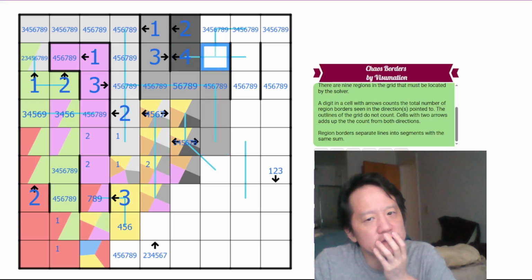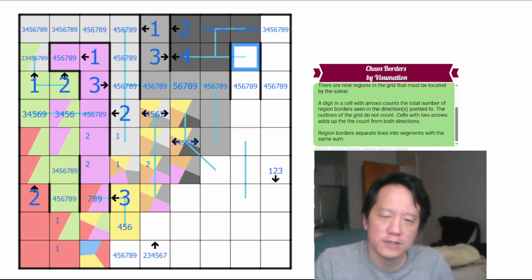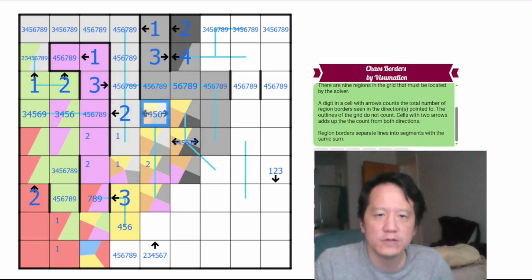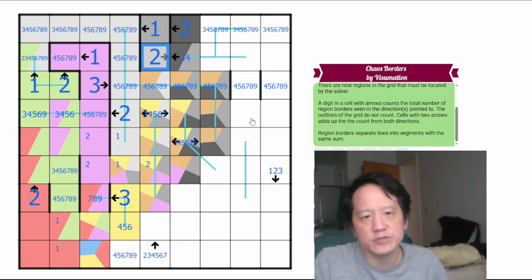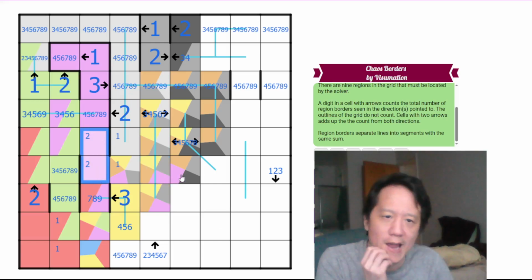This would be dark. This would have to be dark. It has to extend out this way, so this is all dark. This would be 4 digits adding up to another digit, which is not possible. So this would not work. So this can never be 3. This has to be 2, which means this cannot be 2, so the 2 does have to be one of these two no matter what.